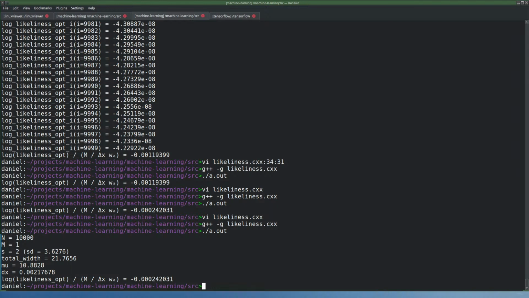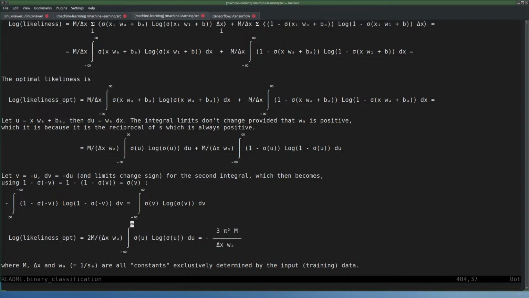I'm kind of surprised that this is nothing like I calculated. I mean, it's not a little bit off. It's a huge amount off. It should be minus 3 pi squared. And it's like 0.0000 something. What? How?